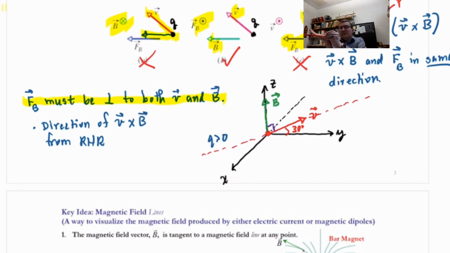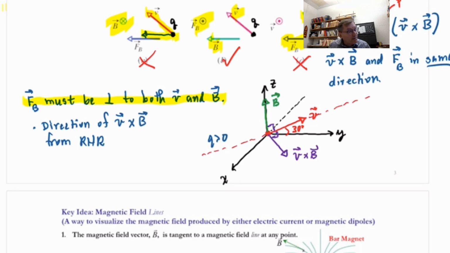I'll then reach in with the palm of my right hand open, so as to push the red pen on top of the green pen and see which way my thumb points. And that'll be perpendicular to the plane of V and B, and my thumb points this way. That's perpendicular to that plane of V and B.